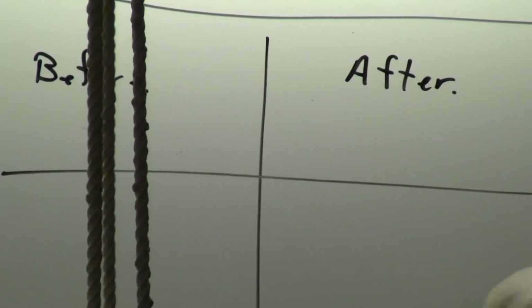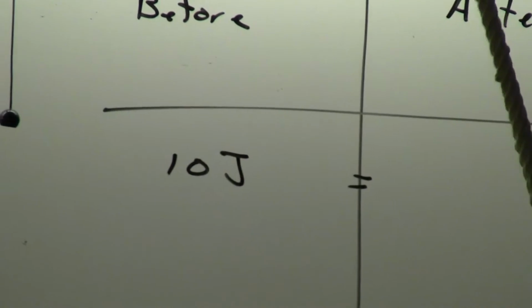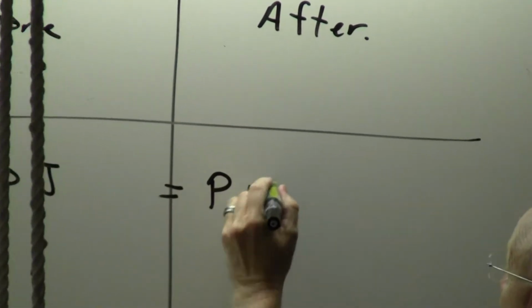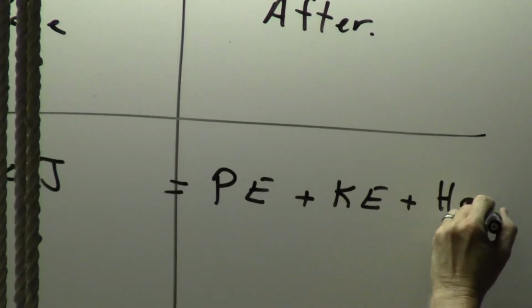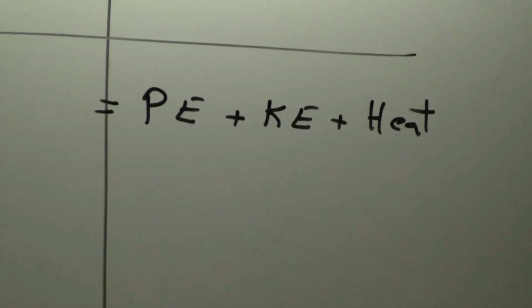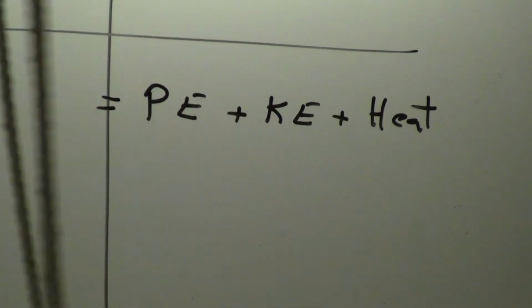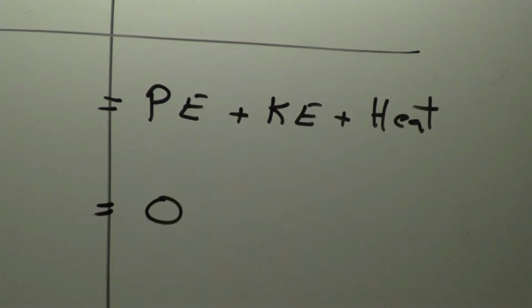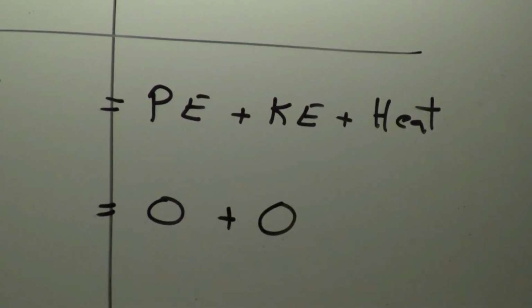Maybe I'll just point out that 10 joules, again, is what it has at the top. Then when I go to calculate its potential energy and its kinetic energy, and now that I know that there's been some rubbing going on, I have to include the third piece of energy, the heat energy. And in this case, I know it's on the floor, so the height is 0. I know it has come to a stop, so its velocity is 0.